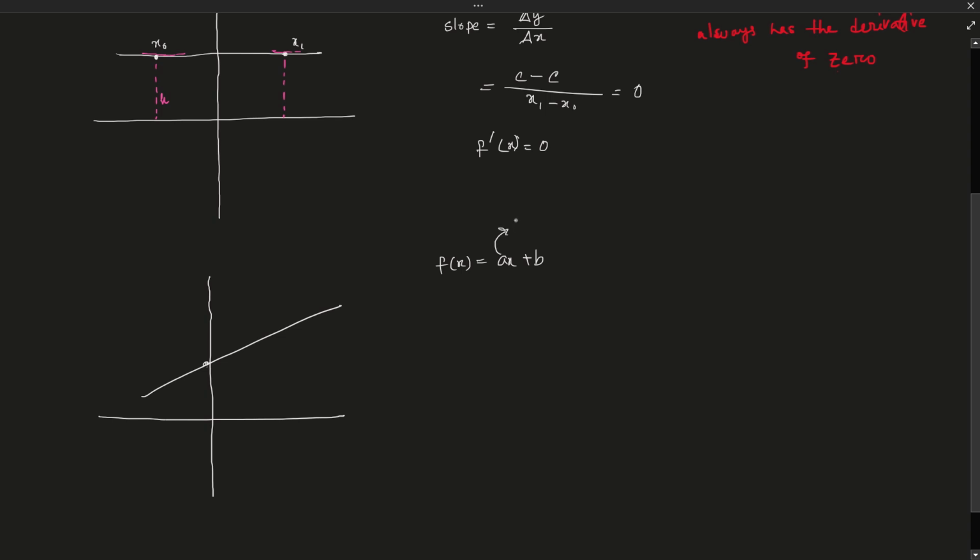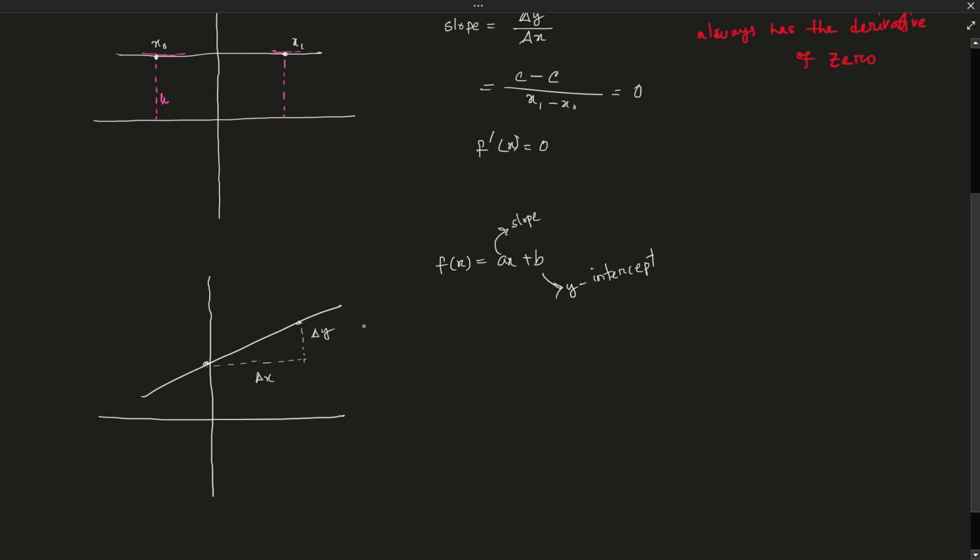So this a is basically the slope, and this b is the y-intercept. Here this is the del y and this will be del x.